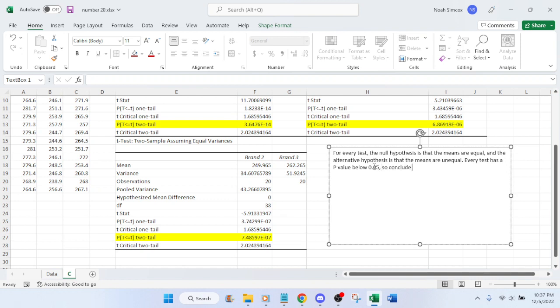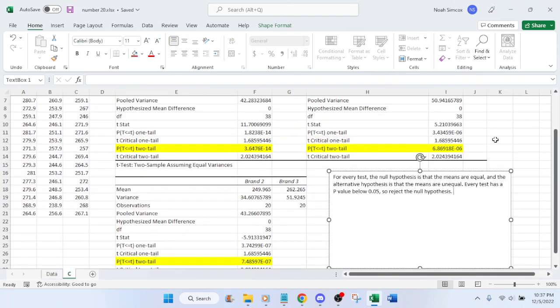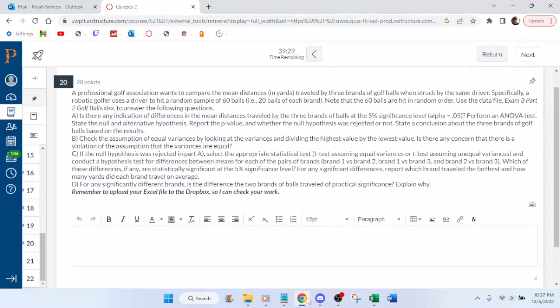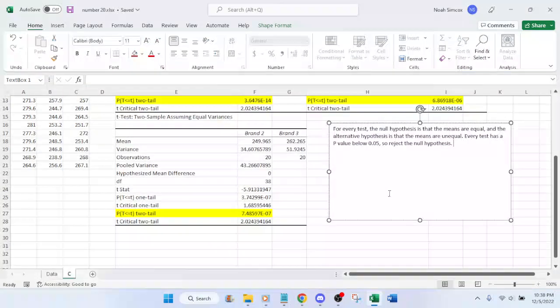So conclude that each brand rejects the null hypothesis, and so the average distance traveled is significantly different depending on the brand of golf ball used.